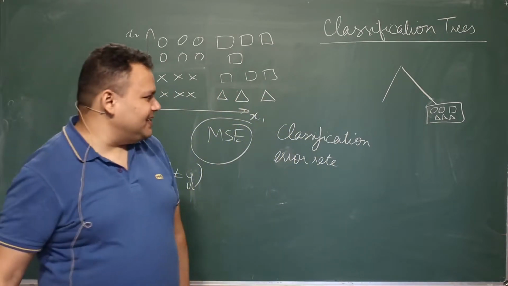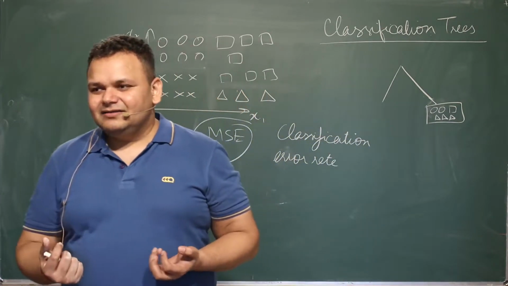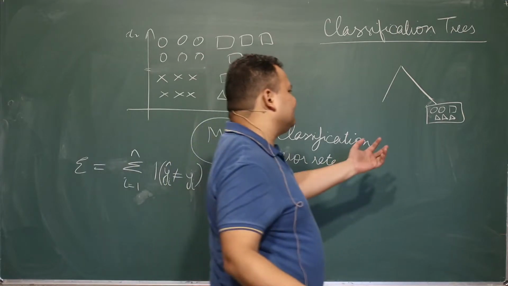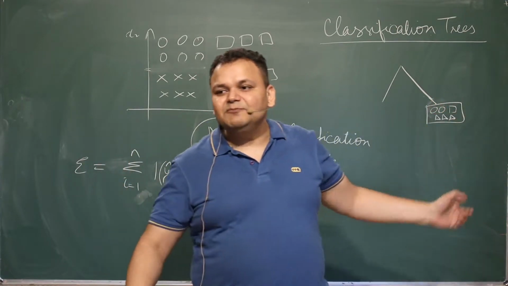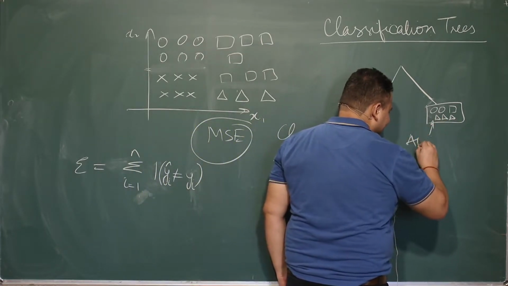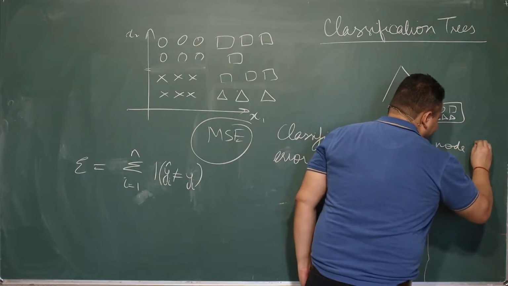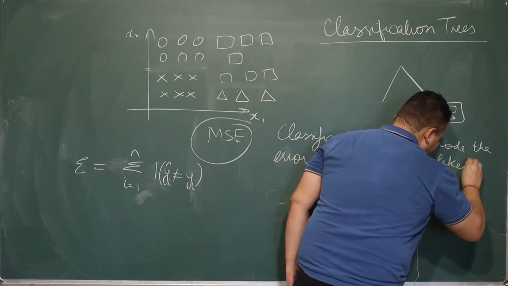Yeah. So in case of regression, we were predicting the average value as the predicted value. In this case, the most likely class at a node is going to be your predicted value.